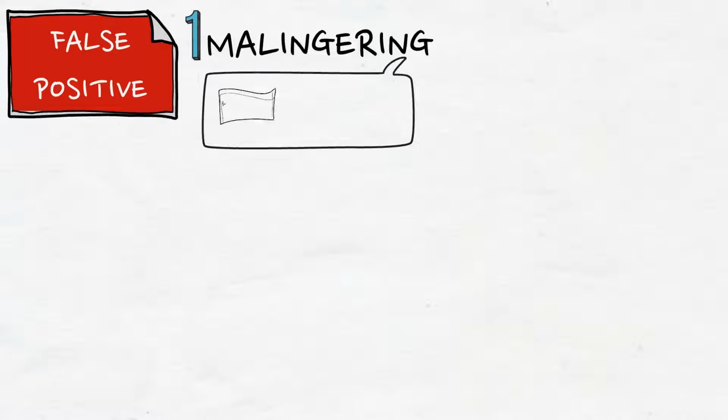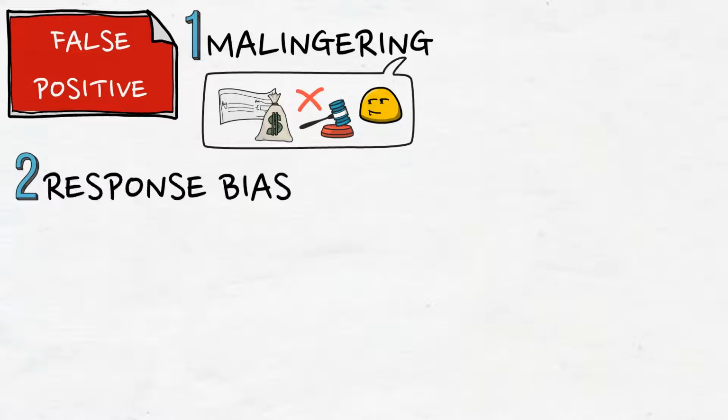The first issue is malingering. In order to gain an advantage, such as receiving disability payments or avoiding legal repercussions, some people may fabricate or exaggerate symptoms. Then there is what's called a response bias.